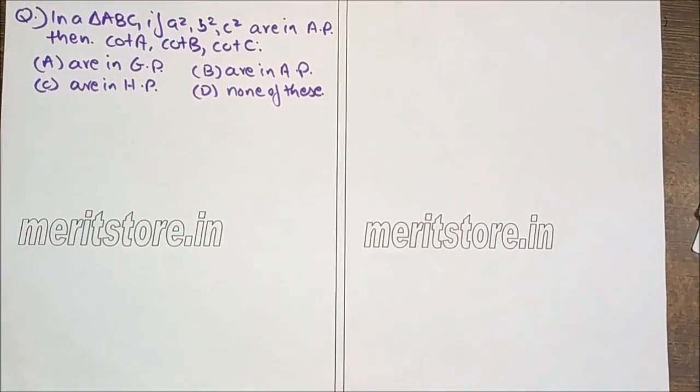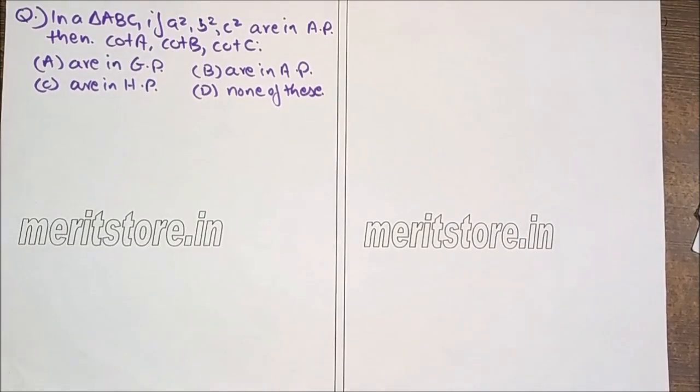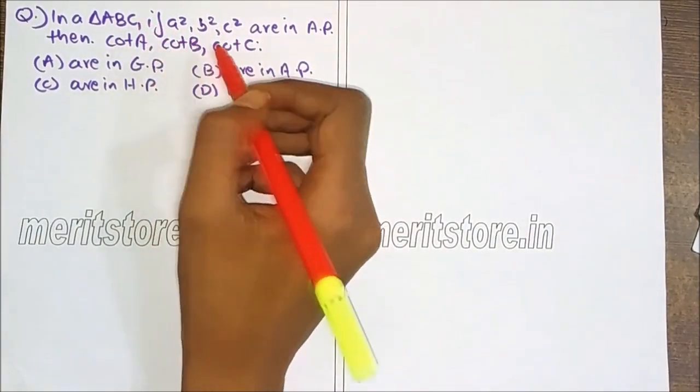Next question is, in a triangle ABC, if a square, b square, c square are in AP, then cot A, cot B, cot C are in, the options are GP, HP, AP or none of these. So a, b, c are the sides of the triangle ABC.